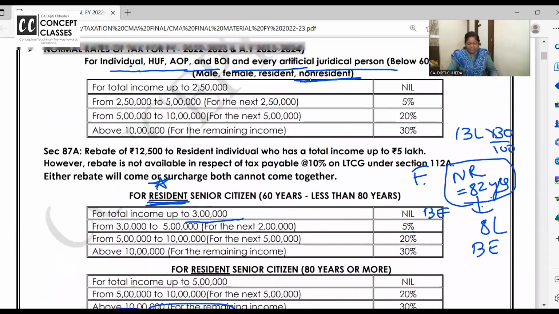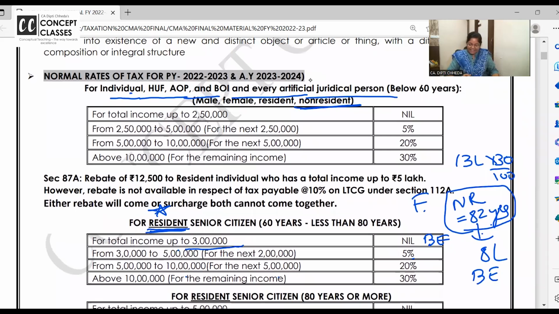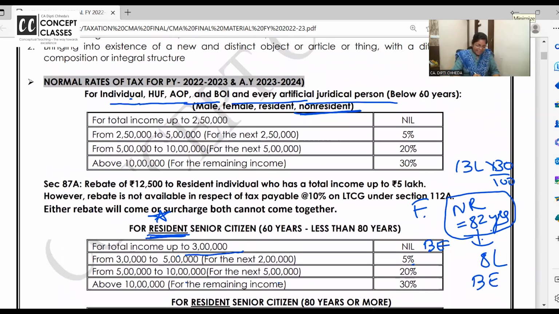All right. When I taught you the tax rates, I want to teach something called rebate. Rebate is a kind of relief in tax under section 87A. So tax minus rebate, then what tax you get, you add cess.